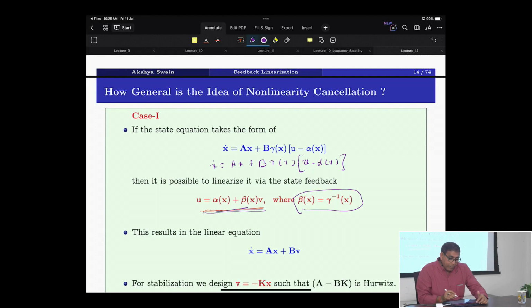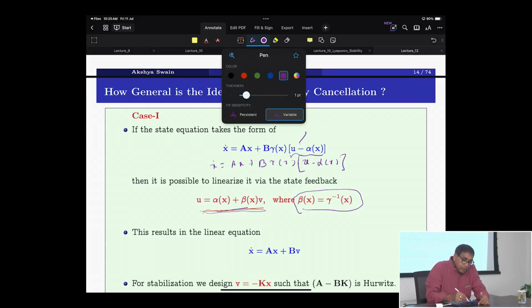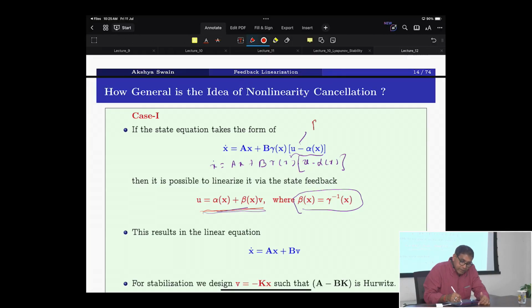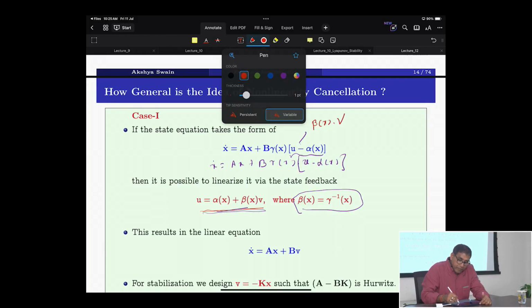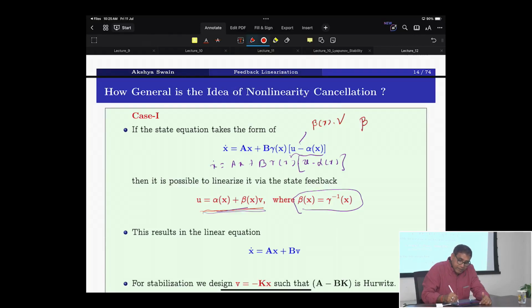Now u minus alpha(x) is equal to beta(x)v. Now beta(x) into gamma(x) is equal to identity, because beta(x) is gamma inverse.